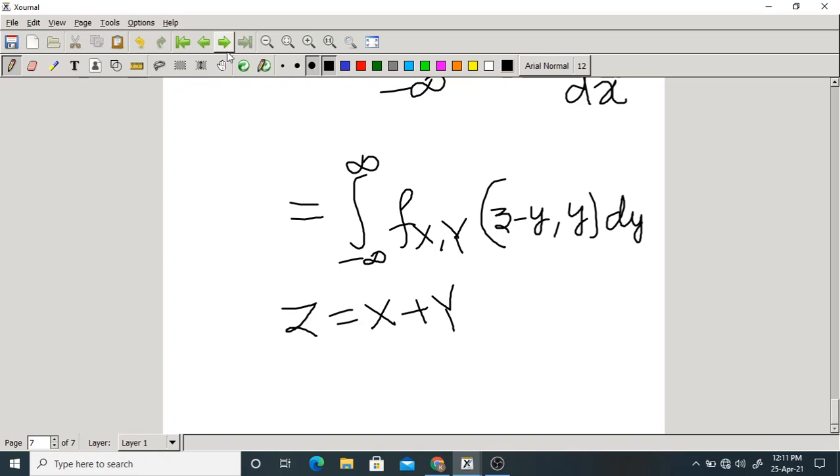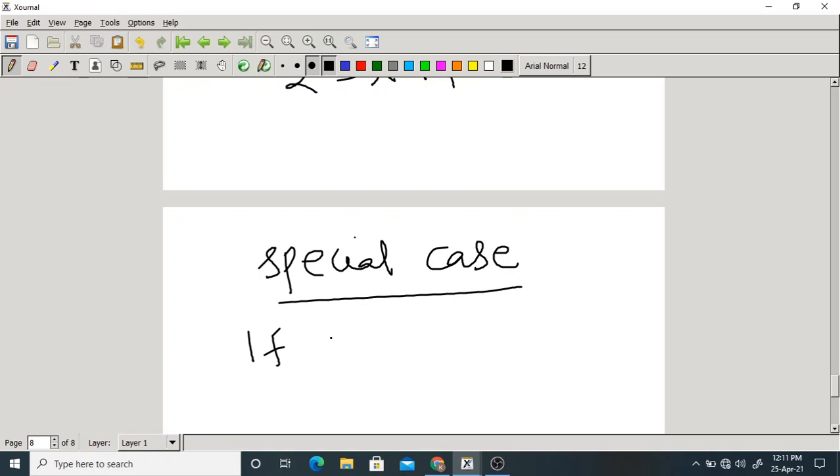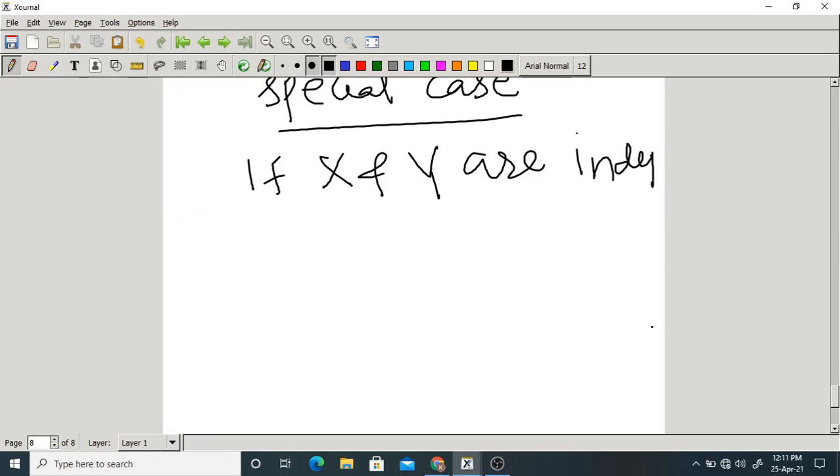Now here we will take a special case. What is the special case? If x and y are independent. You know already, if they are independent, the joint PDF is nothing but the product of the two marginal PDFs.